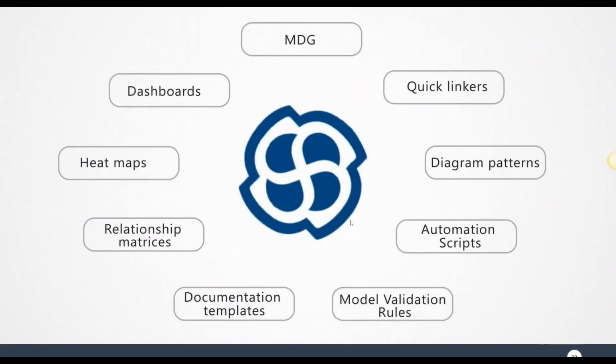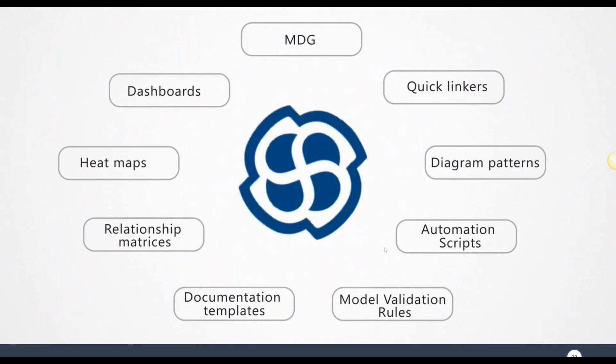And just to summarize what we have done, a model created in this way based on a conformant meta model will immediately enable us to do a number of analysis and slicing and dicing based on the model information. So you could have relationship matrices, you could have heat maps, you could have documentation templates that works off the imported model.